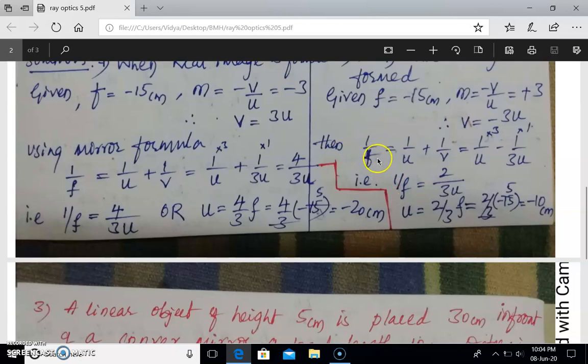Similarly, using the mirror formula, 1 by F equals 1 by U plus 1 by V, substituting for V as minus 3U, 1 by F amounts to be 2 by 3U, or U equals 2 by 3F, or 2 by 3 into minus 15, which amounts to be minus 10 centimeter.